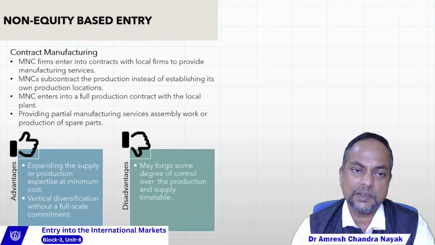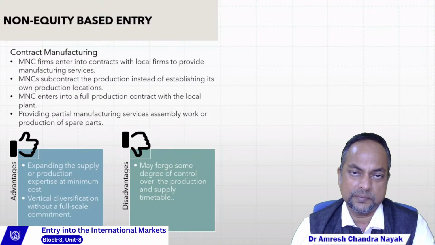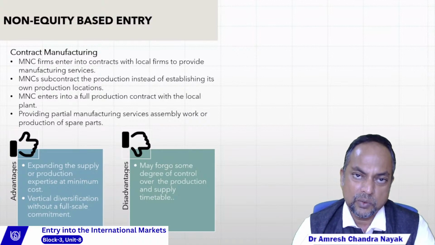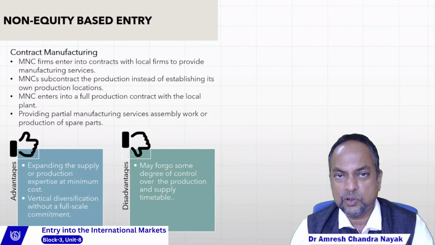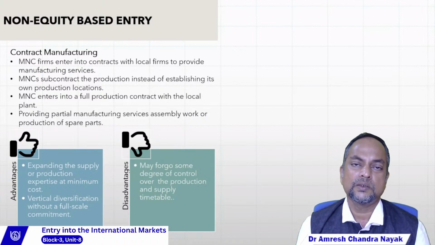So operations can be done in their own ways: establishing their own manufacturing plants, their own distribution channels over there, their own offices, everything. So here I don't want to go for a joint venture.